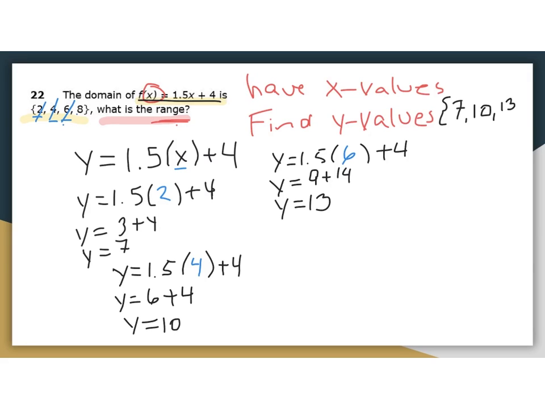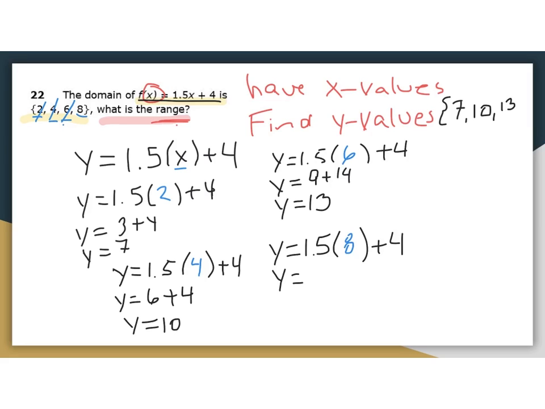Then we have our last one, 8. So this time we're going to put 8 in place of x. So we have 1.5 times the x value, which is the 8, and then we add 4. Simplify. By the way, you will have access to a calculator. So if you're looking at the decimal and you're not quite sure how to work with it, put it in your calculator.